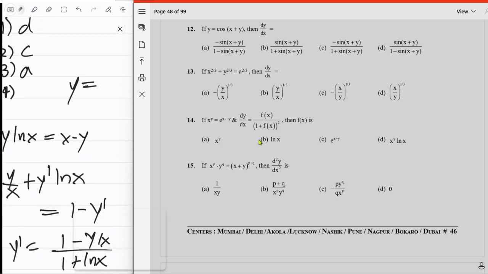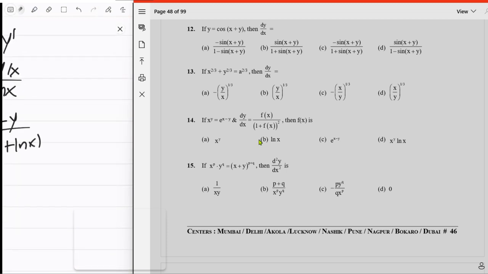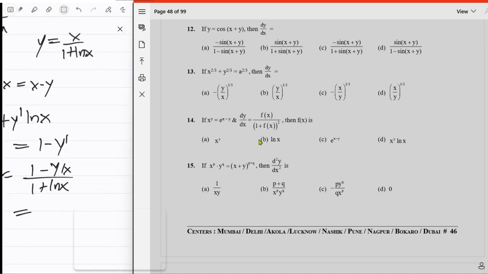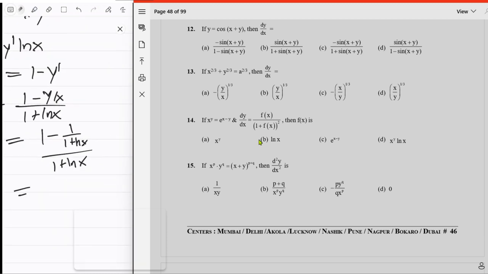So y is equal to x upon 1 plus ln x. This is what you should substitute in there and then get the thing done, right? So just do that, and fine, this cancels. 1 minus 1 upon 1 plus ln x upon 1 plus ln x, right? So this is ln x upon 1 plus ln x squared, right? So f of x is just ln x, which is B.